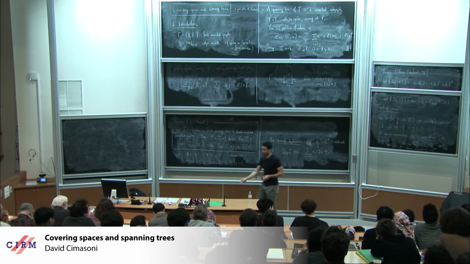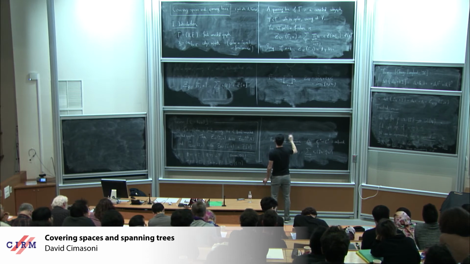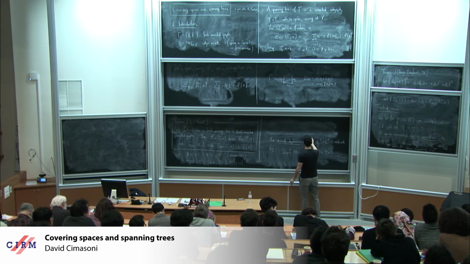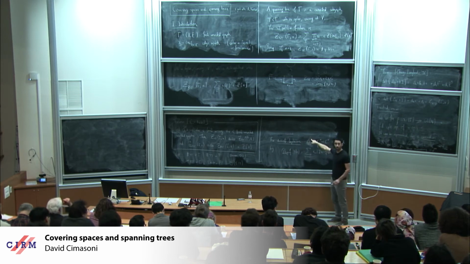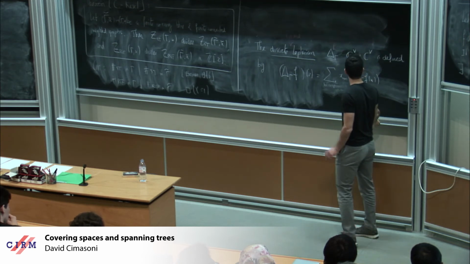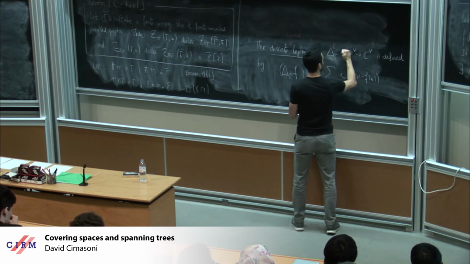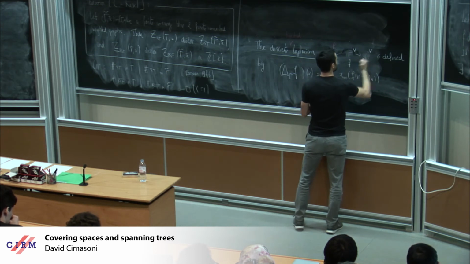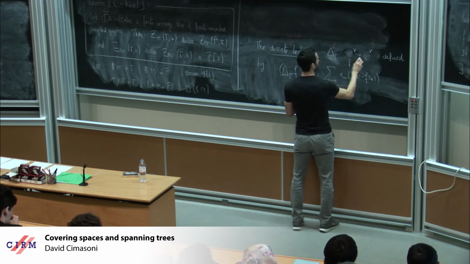So maybe just use a color. Now the discrete twisted Laplacian, I'm gonna write a rho here to remember that it's twisted by this representation. Okay, so now it's not going to be C here, but W.